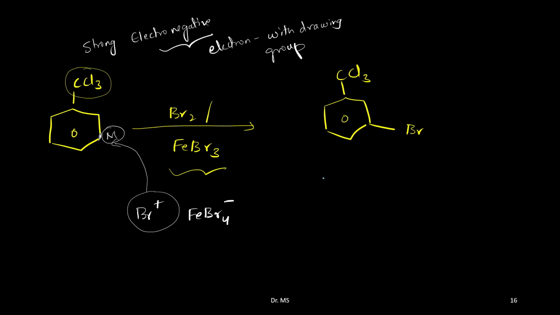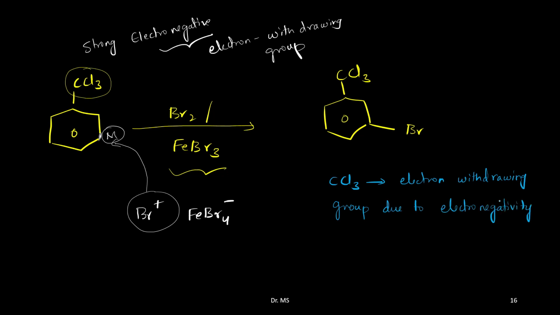So remember, the CCl3 is an electron withdrawing group due to electronegativity. That electronegativity is caused by the chlorine atom.